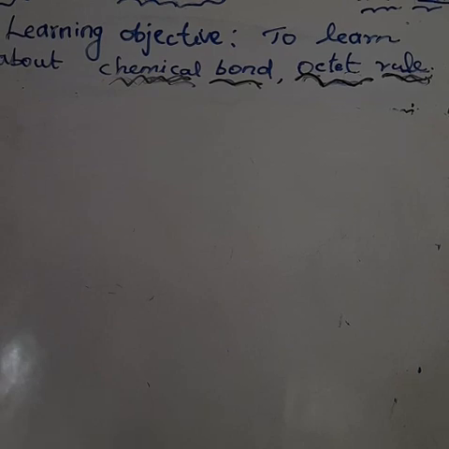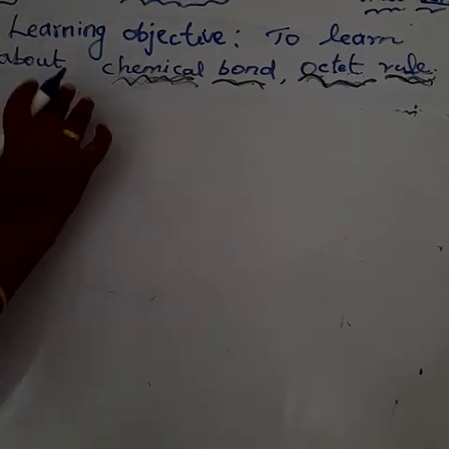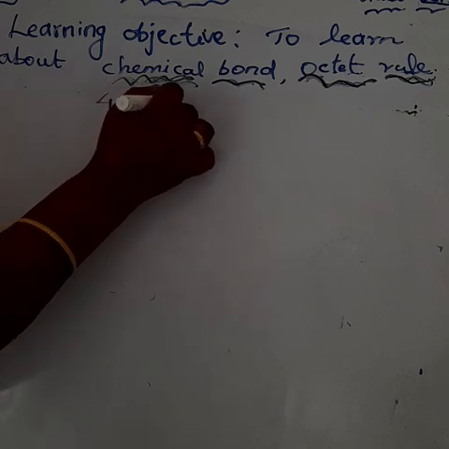What are the types of chemical bond? There are four types of chemical bond.